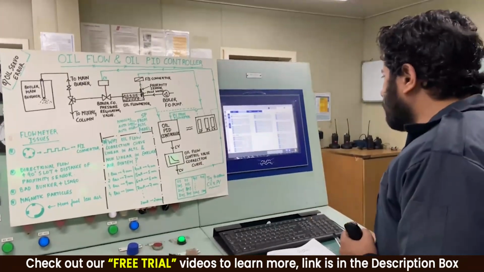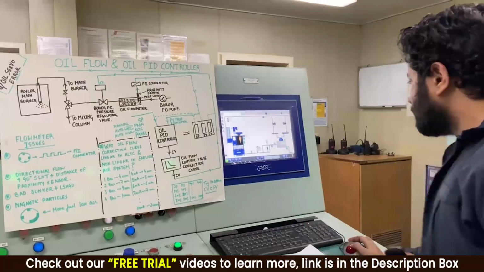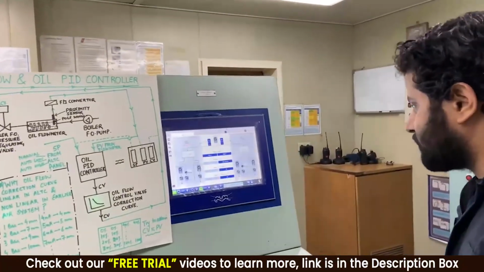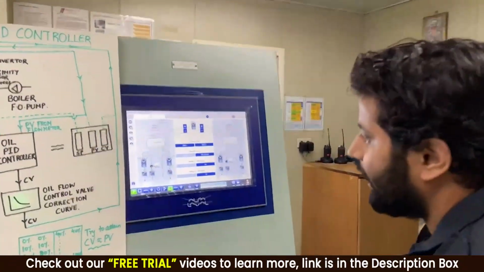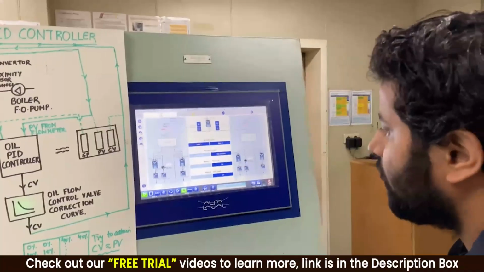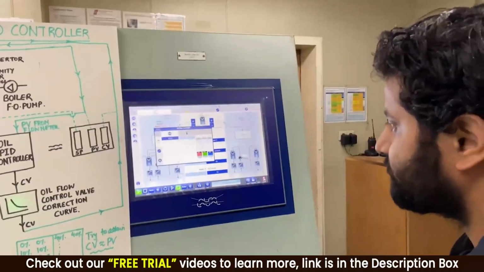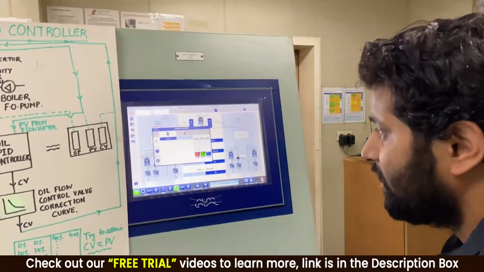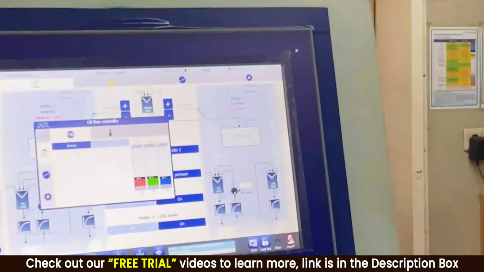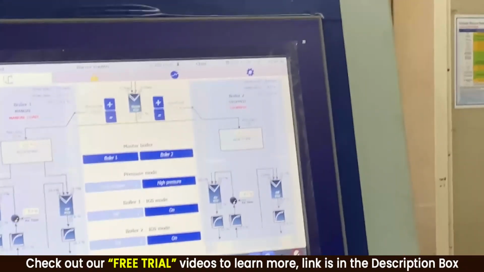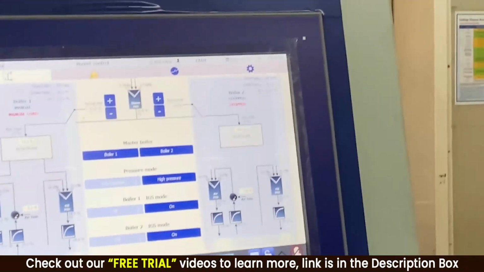So let's go to the oil flow correction curve over here, and I take you to the master controller and to the oil controller over here. Now guys, see, right now I am firing the boiler at 25% load. Can you see?